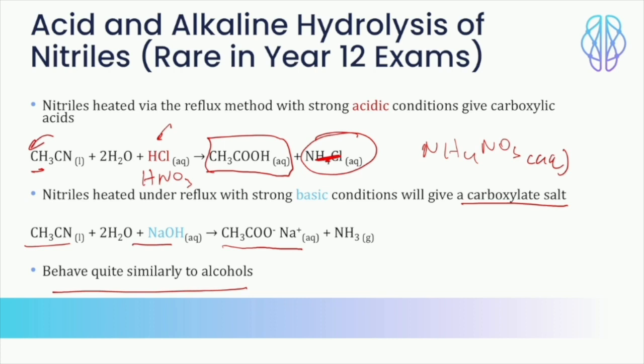And you might want to go back onto our video involving alcohols where we dilly-dally over saponification and carboxylate salts, and that's another way that you can actually make a soap, right? Using this nitrile reaction. However, instead of the ammonium salt, you just get ammonia. And also remember that the carboxylate salt will be of whatever length the original nitrile is. So if you have ethyl nitrile, you get an ethanoate salt.